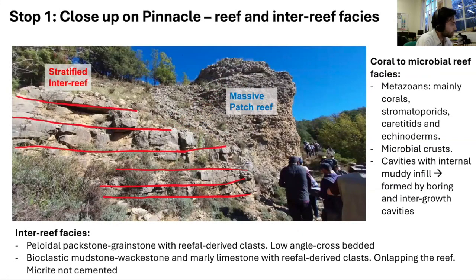So for the first stop, we went straight to the outcrop and we looked at massive patch reef with their contemporaneous inter-reef fill. I'm not going to go into details, but the patch reef is roughly a massive structureless metazoan association that builds a spatially restricted bioherm.